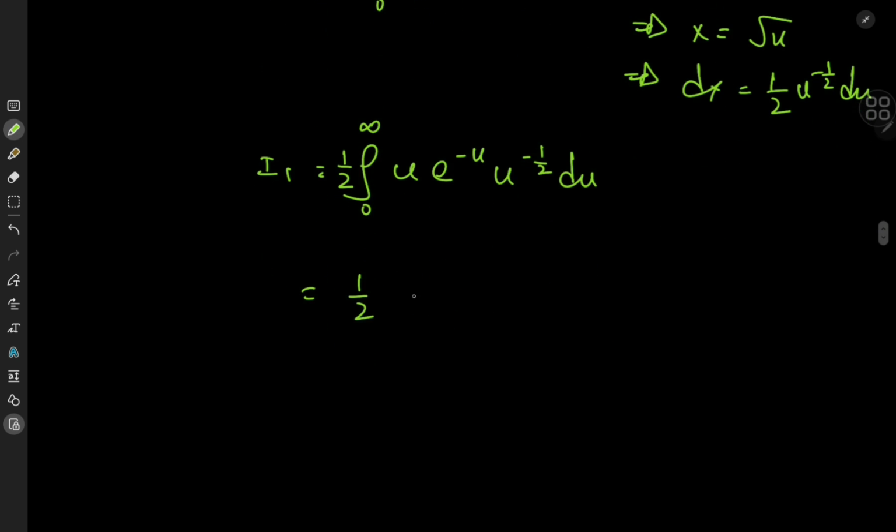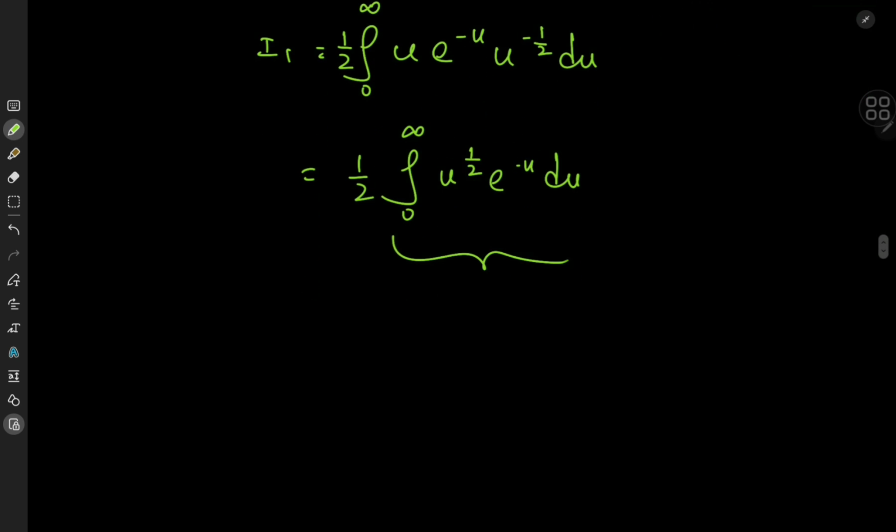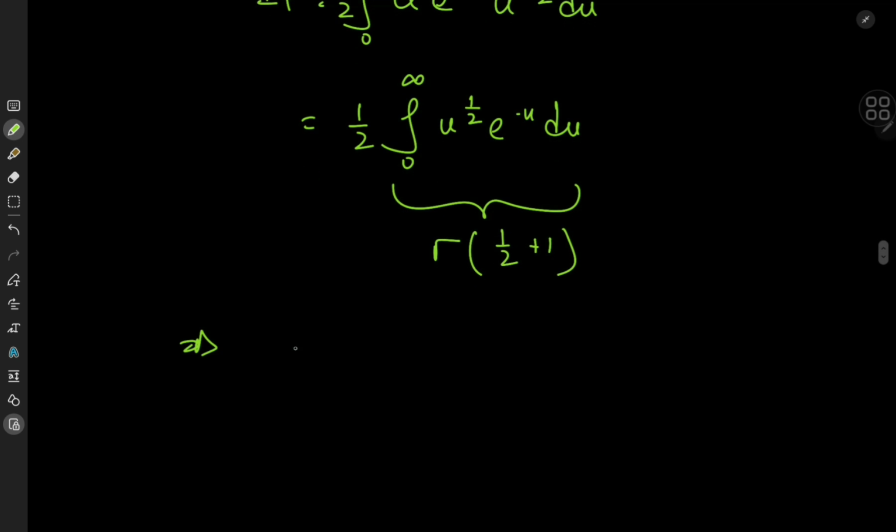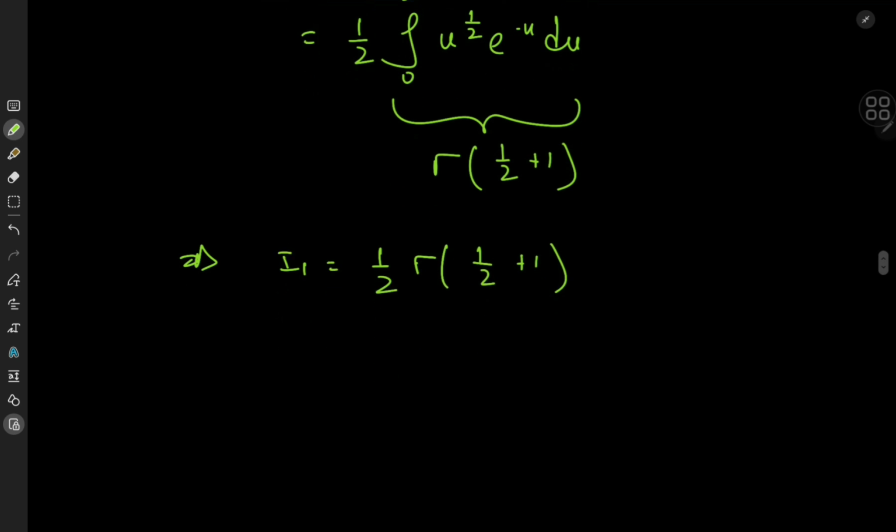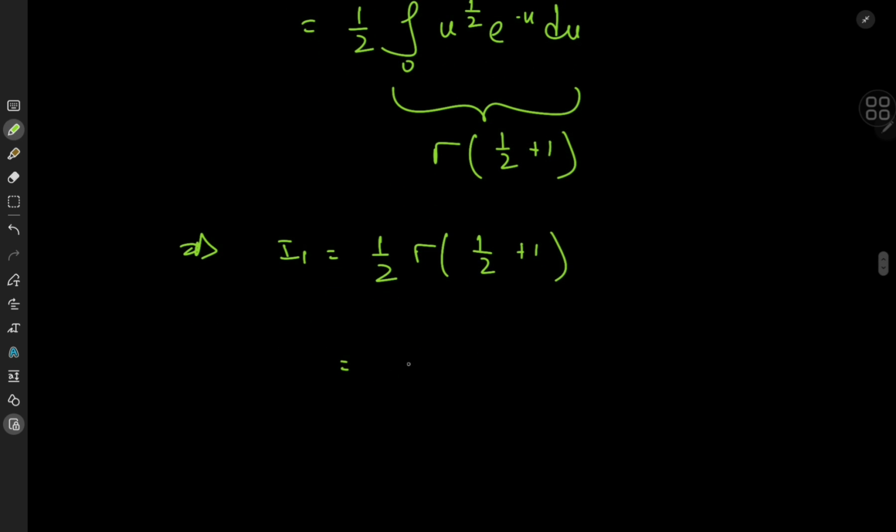That means I have 1/2 times the integral from 0 to infinity of u to the 1/2 times e to the negative u du. And this thing here is the gamma function evaluated at 1/2 plus 1. So this implies that I sub 1 equals 1/2 times gamma of 1/2 plus 1. And by the recurrence formula for the gamma function, we know that gamma of z plus 1 equals z times gamma of z.